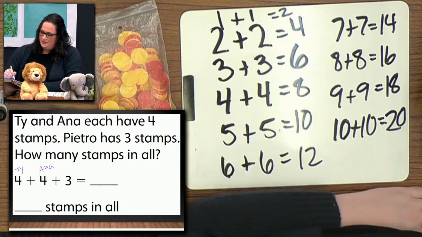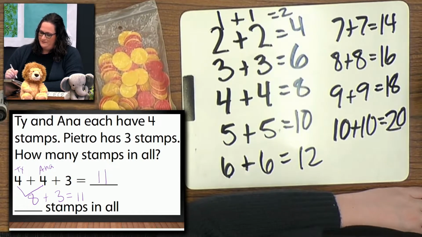All right, 4 plus 4 is 8, plus 3 is 11. So 4 plus 4 plus 3 equals 11.